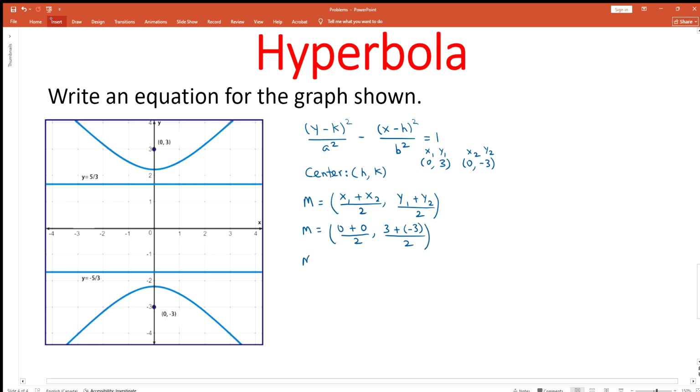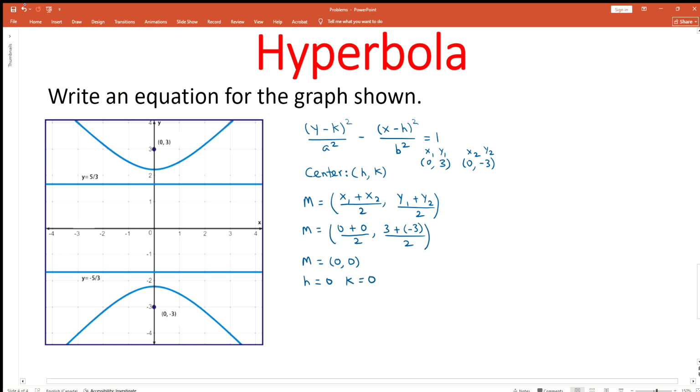0 plus 0 is equal to 0 and 0 divided by 2 is 0. 3 plus -3 is equal to 0. 0 divided by 2 is 0. So the midpoint is (0, 0) or the origin. That means the center of this hyperbola is (0, 0). So h is equal to 0 and k is equal to 0.